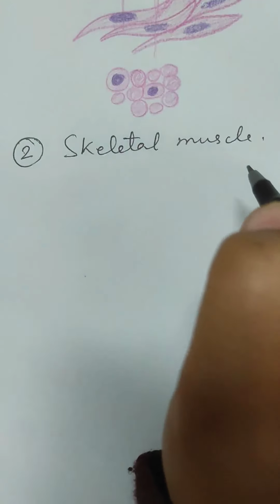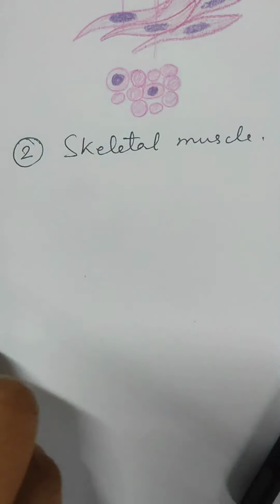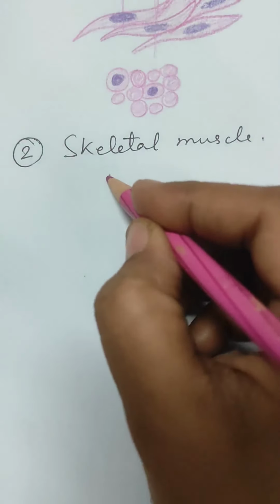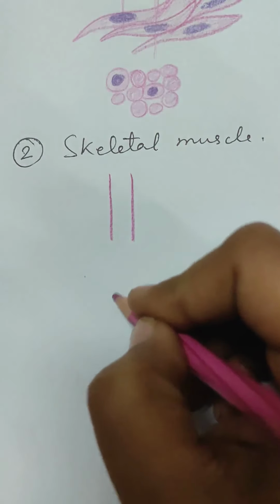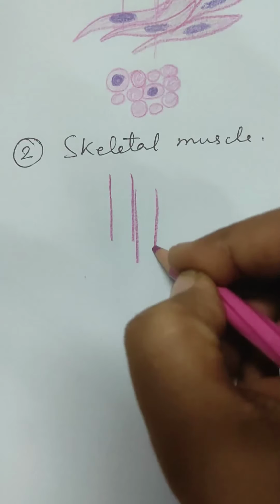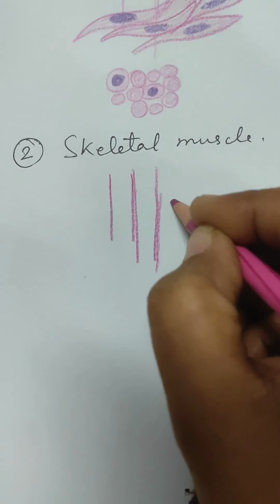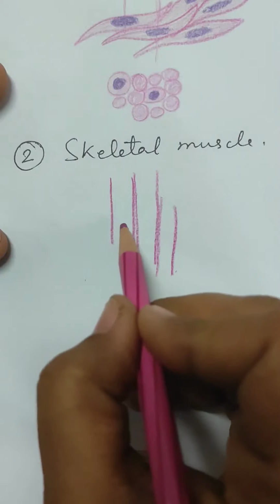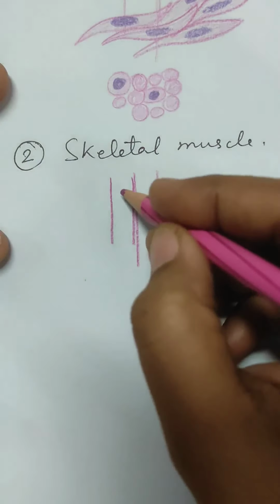Now in skeletal muscle, the shape of the cell is cylindrical. They are attached one above the other and also on the sides. So we have cylindrical cells like this. These cells are in sort of a syncytium, or in continuation.